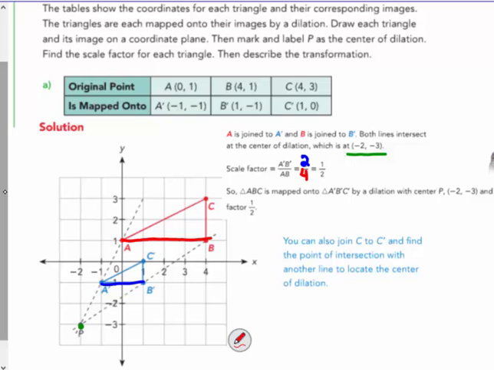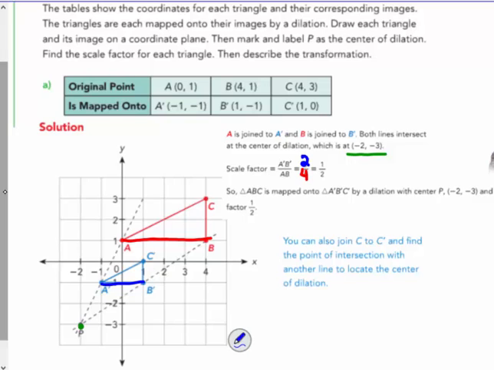So 2/4 equals 1/2. So ABC is mapped onto A prime, B prime, C prime by a dilation with center P at -2, -3, and a positive scale factor. How do I know it's positive? Because the image and its original are both above the center of dilation, so it's a positive 1/2.